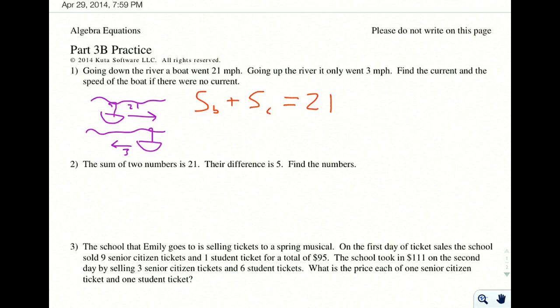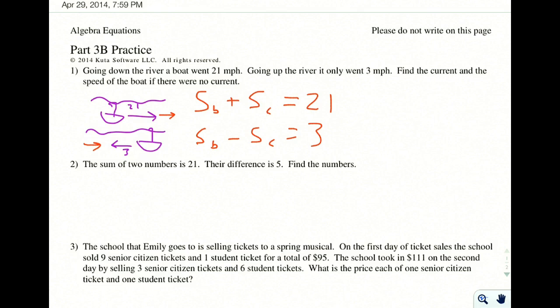Now going the other direction, the boat still has its speed, heading upriver, but this time the current is pushing against us instead of helping us forward. So we're going to subtract the current, and when we do that, we only get 3. So the speed of the boat plus the current is 21. The speed of the boat minus the current is 3.